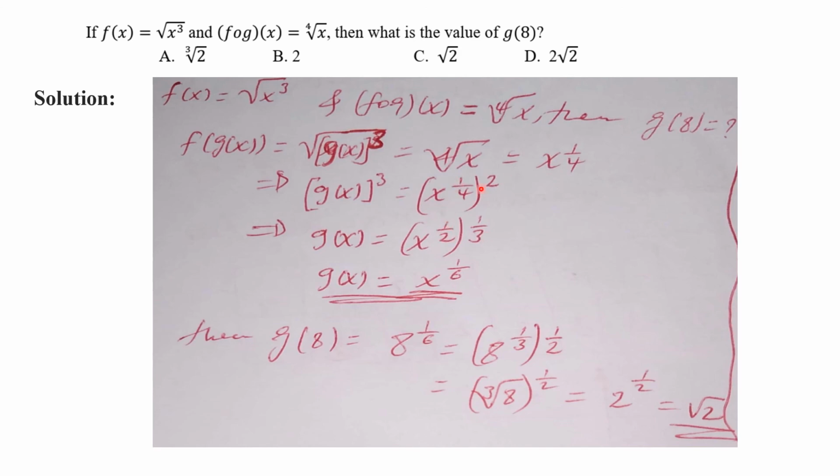Here x to the power of 1 over 4, the whole to the power of 2, means 2 over 4, x to the power of 2 over 4, which means 1 over 2.